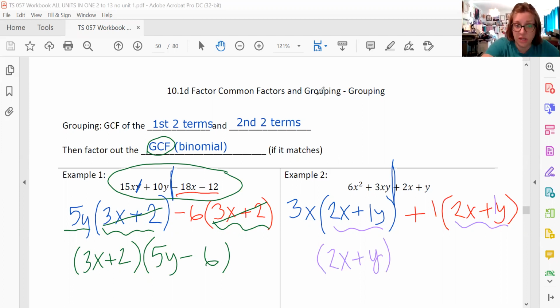And then I'm going to rewrite my other terms that are left inside the other parentheses. So to factor 6x squared plus 3xy plus 2x plus y, I end up with 2x plus y times 3x plus 1. And again, if I want to FOIL that out, first, outside, inside, last, I would end up with my original polynomial. Let me know how this goes.